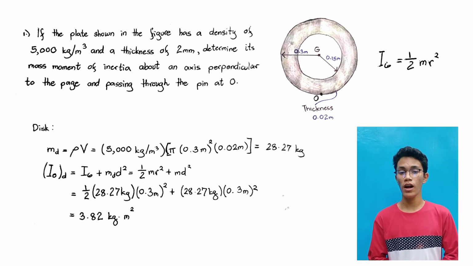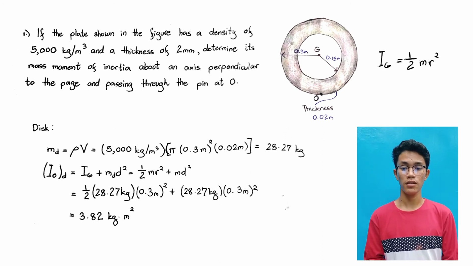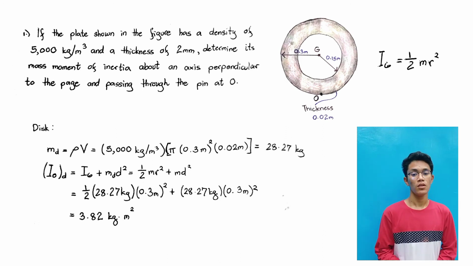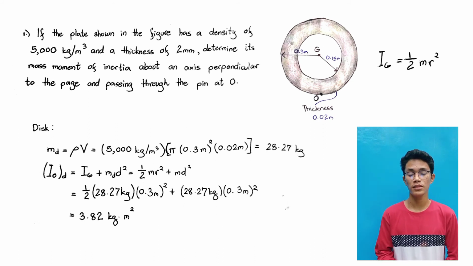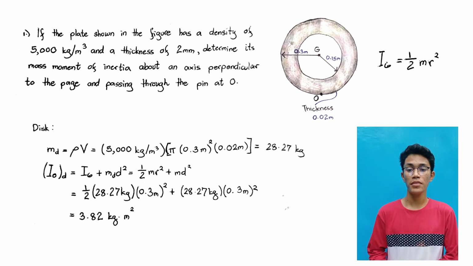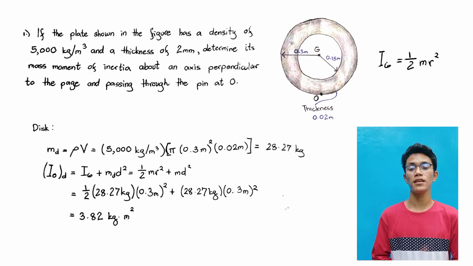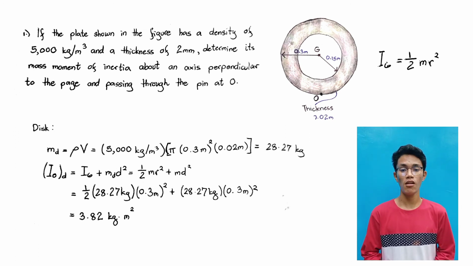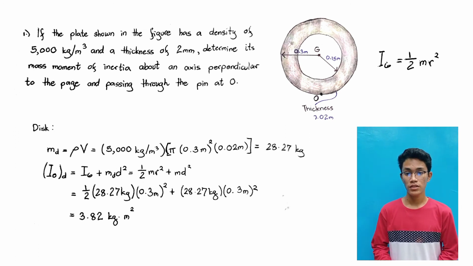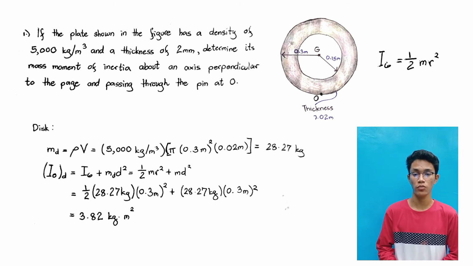Let us substitute the value for the mass, the radius, and the displacement. So we will have 1/2 times 28.27 kilograms times 0.3 meter squared, plus 28.27 kilograms times 0.3 meter squared. So we got 3.82 kilogram meter squared.